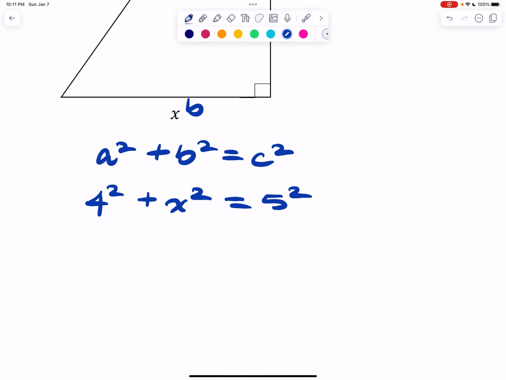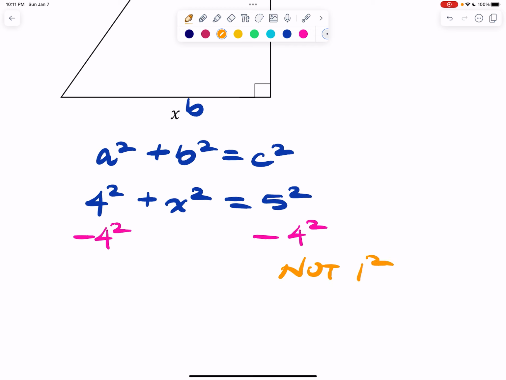We need to get X entirely on its own. And there's stuff bugging it. For example, it's being bugged by the square. We know how to get rid of that with square rooting. But before we do that, we have to take off this 4 squared. So I'm going to subtract that from both sides. Based on the order of operations, this does not give you 1 squared.